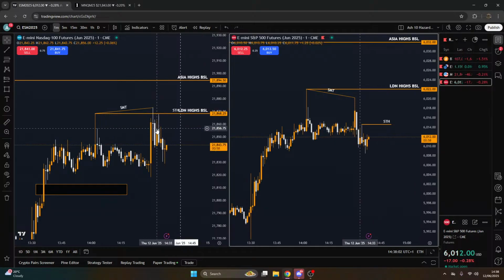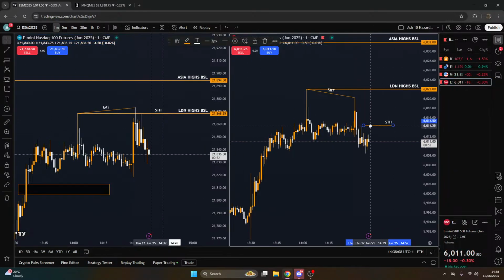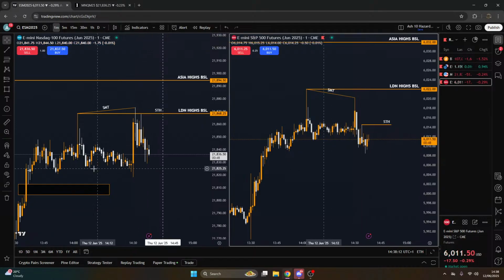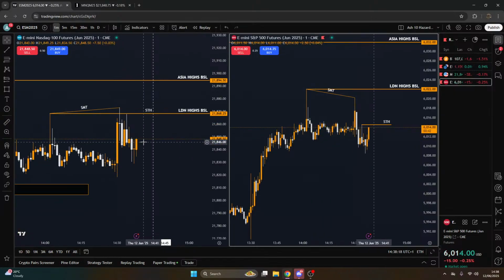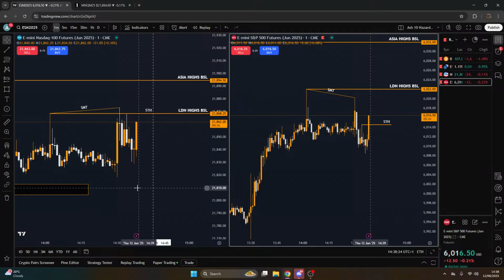Now we want to see a sweep of buy stops, so a short-term high, and then we want to see a market structure shift lower. But the sweep of the short-term high is not always essential, depending on how price is moving. In this case, because we're very choppy, what I mean by choppy is we're just moving very sideways, I want to see this high get swept and then see a move lower.